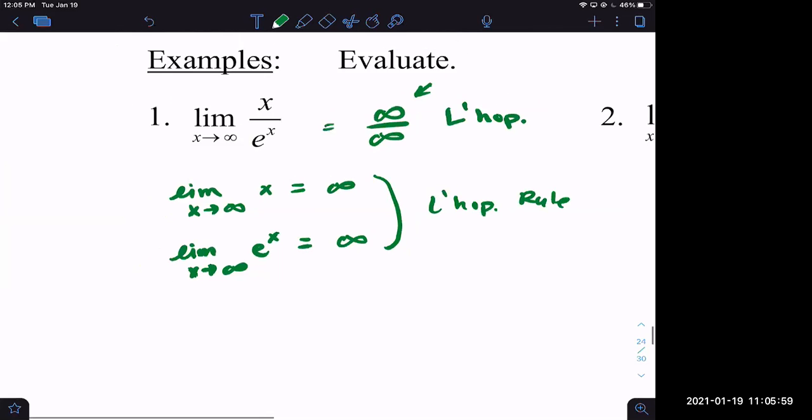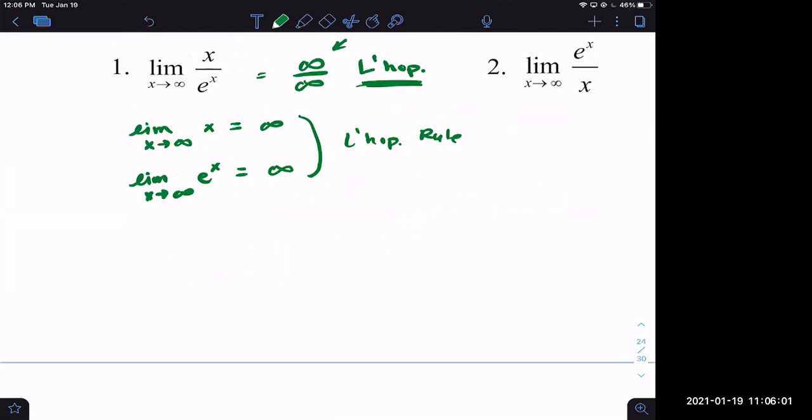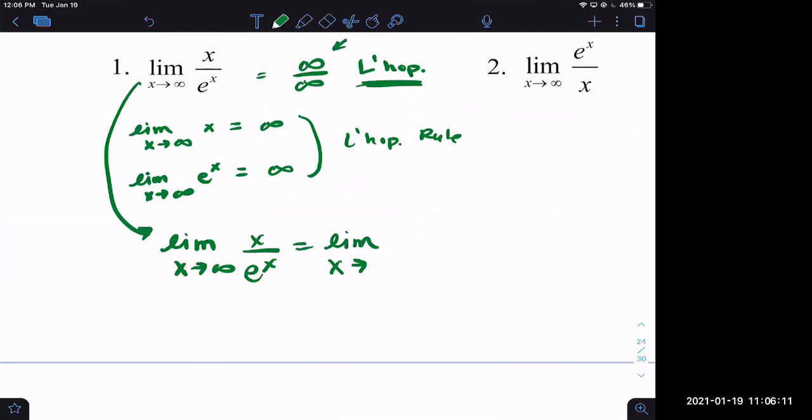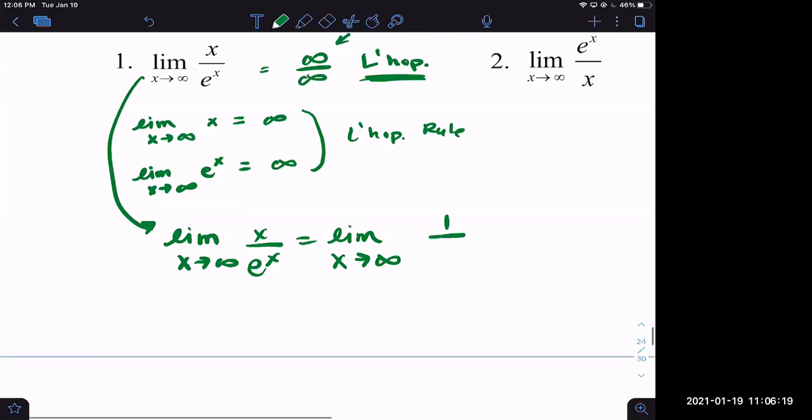But if you can apply L'Hopital's rule, then you can say, okay, the original limit is equal to the limit of the derivative. What is the derivative of the numerator? Sorry, derivative of x? 1. What's the derivative of e to the x? E to the x. Now we can plug in infinity.